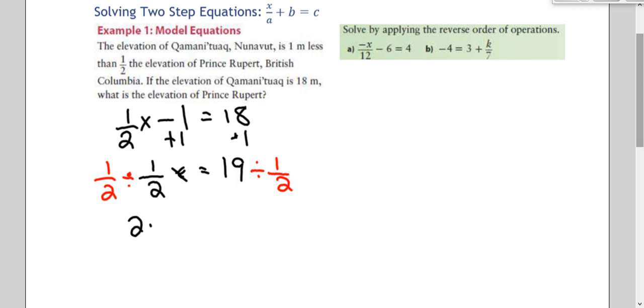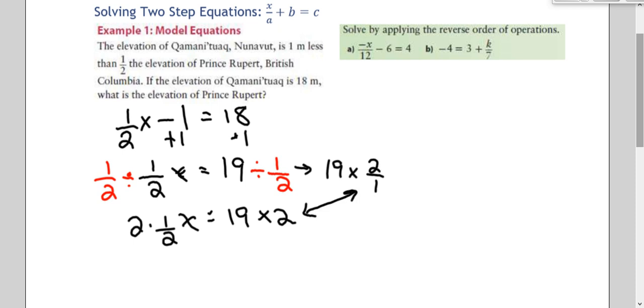So looking like this. And you should note that because we are dividing by a fraction, this turns into this. So both are the same, both zero it out. So it's just a matter of which way makes the most sense to you. And then we get x is equal to 38.